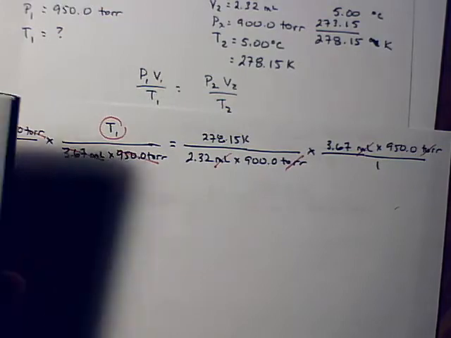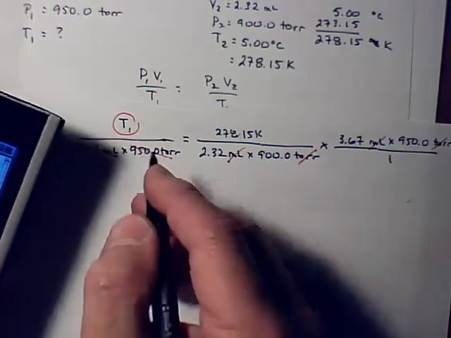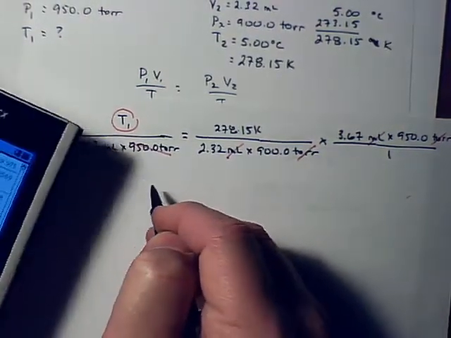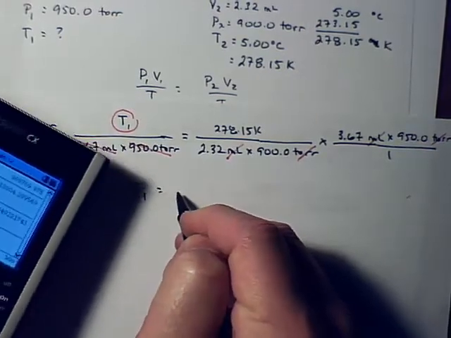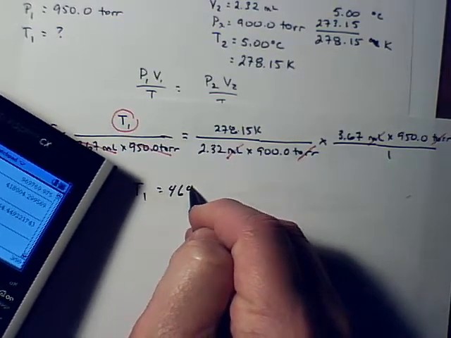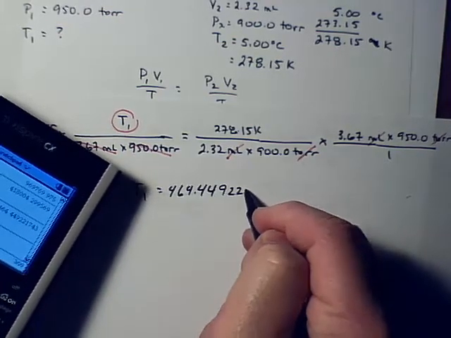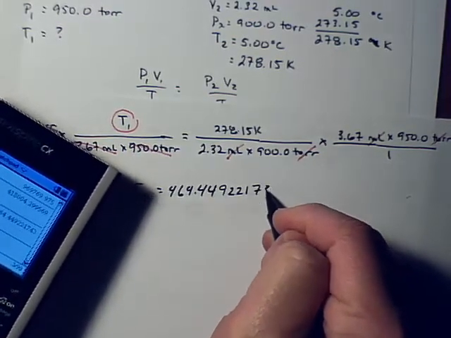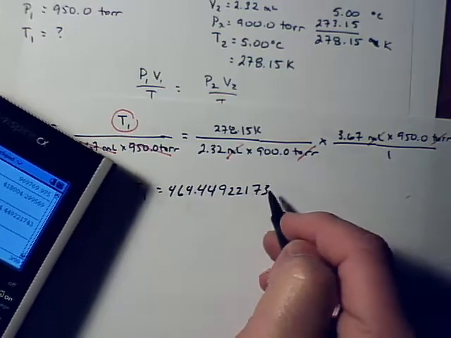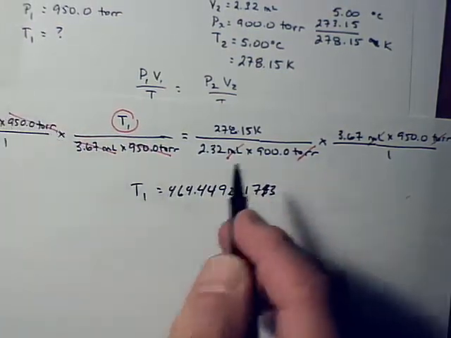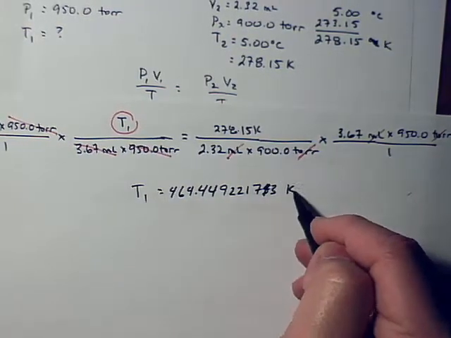Okay, and we get T1 equals 464.449 and a bunch of other numbers, which aren't really going to matter in the long run because I'm going to round them off. That's the 43. And the units we have left is K.